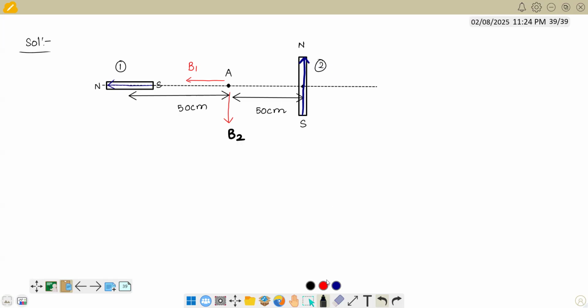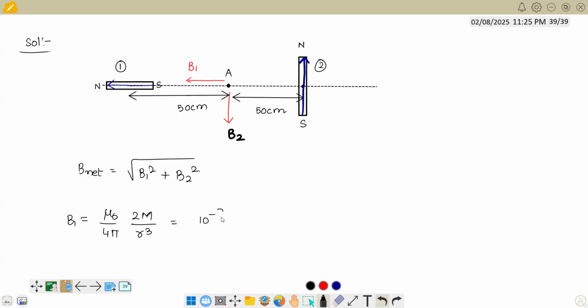So once we find B1 and B2, both are perpendicular. Simply, B net would be equals to root of B1 square plus B2 square. So let us find B1 equals to mu naught by 4 pi, 2m by r cube.